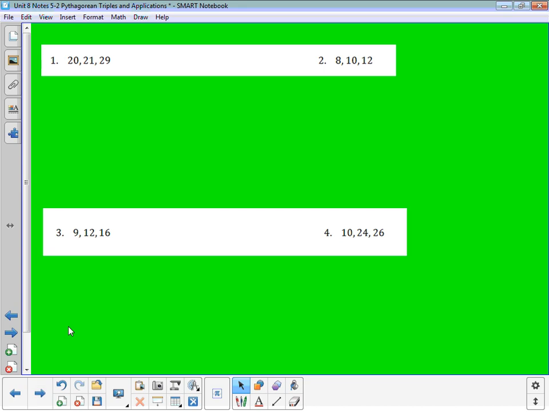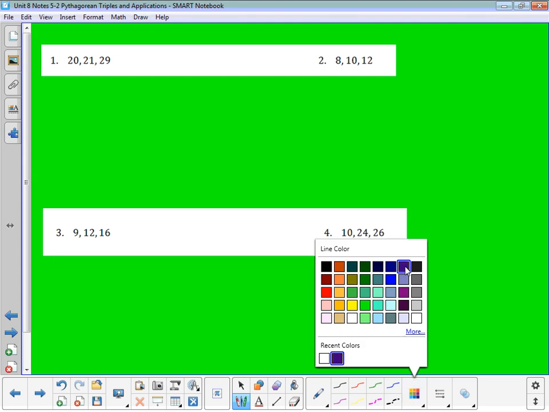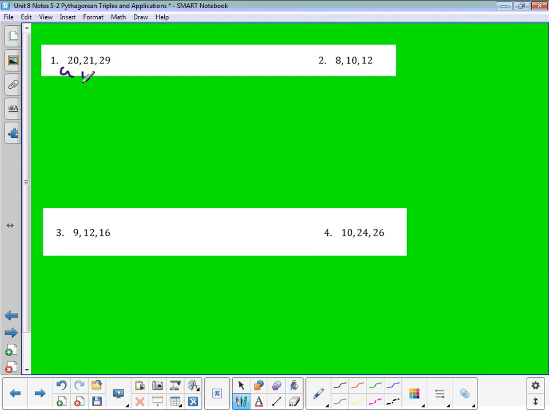So let's start off with number 1. We want to plug it into the formula. We're going to take first the two shorter sides, and we're going to call those a and b, and then the longer side is going to be c. So we have 20 squared plus 21 squared is equal to 29 squared.